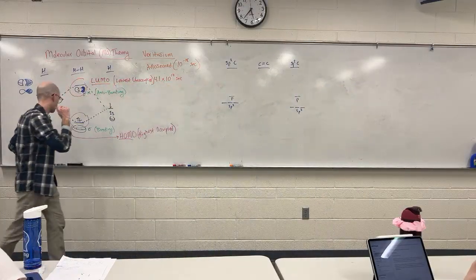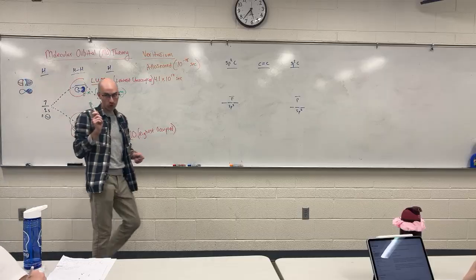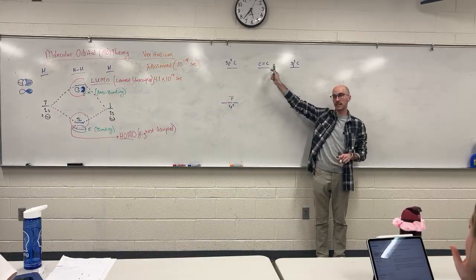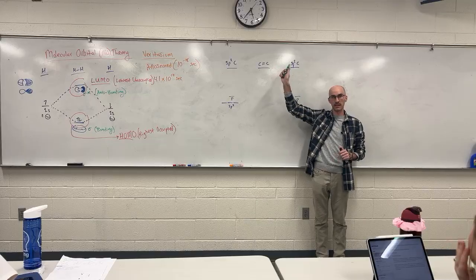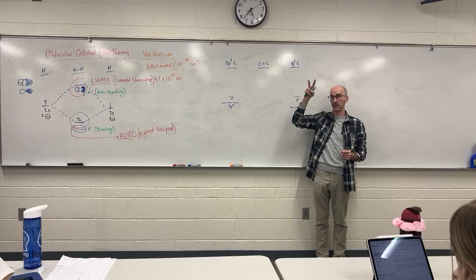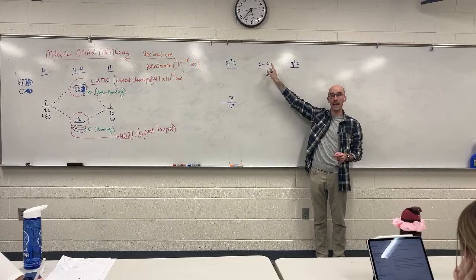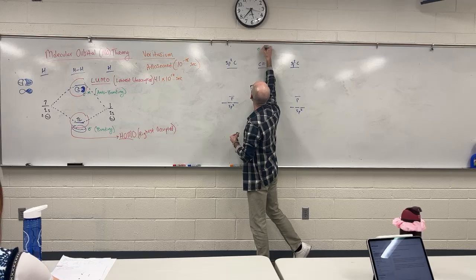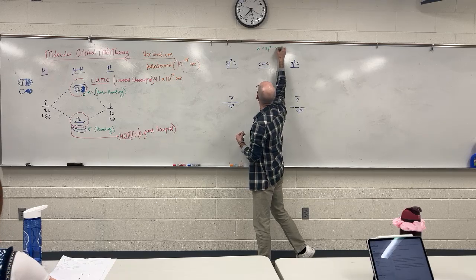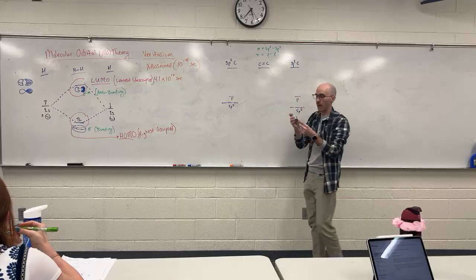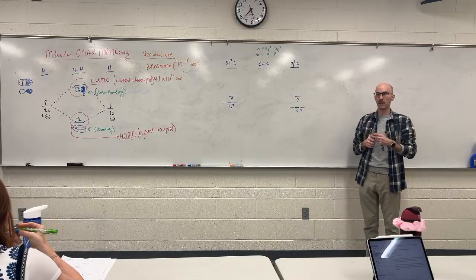All right. Would you guys agree that this bond between C and C, this double bond, consists of 1 sigma and 1 pi according to valence bond theory. 2 sp2 orbitals overlap to give sigma, and 2 p orbitals overlap to give pi, right?